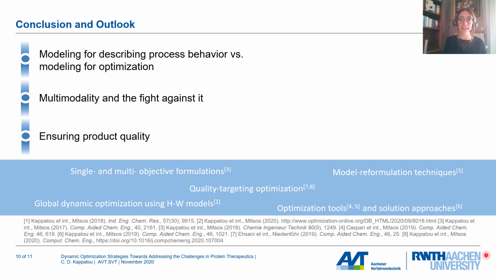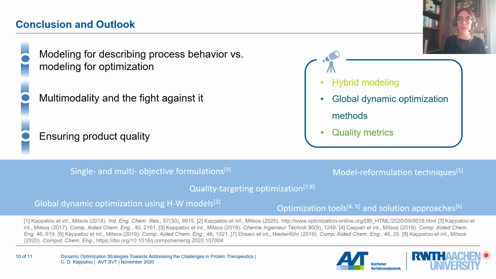And finally, I've shown to you that by optimizing process performance, we cannot guarantee that we also meet quality specifications. And I've shown you an example of how incorporating quality attributes as constraints to the optimization problem can make a step towards quality by design in biopharmaceutics.